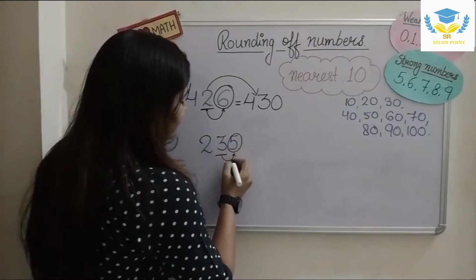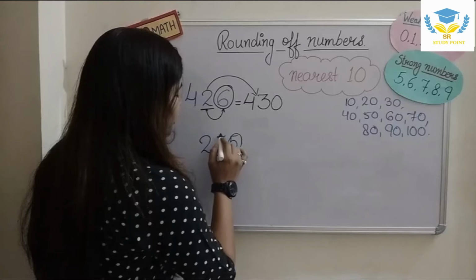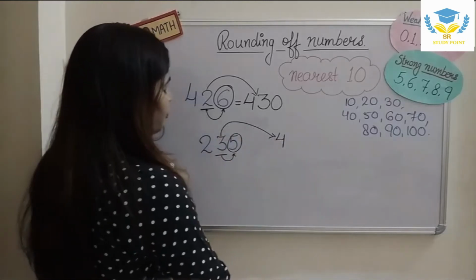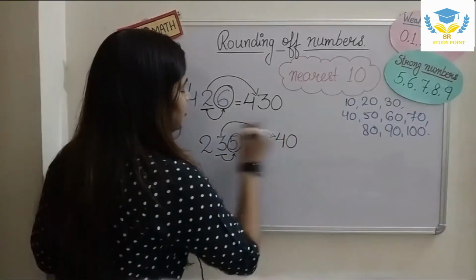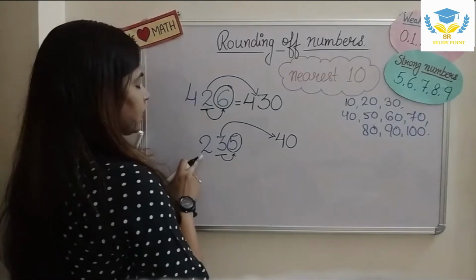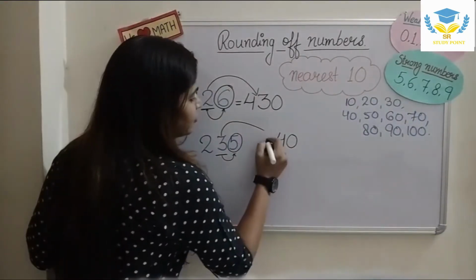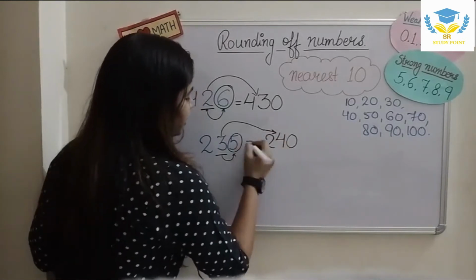Then this 5 is powerful, and this 5 is going to push 3 to the next number, that is 4, of course. And instead of this 5 we have 0. 2, yes, 2 will remain the same. So we have the rounded number as 240.